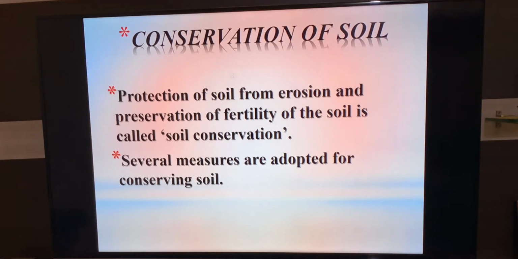So this topic will be regarding protection of soil. Protection of soil from erosion and preservation of fertility of soil is called soil conservation. Where we try to protect the soil, we call it soil conservation. And the government has taken many measures to protect the soil.